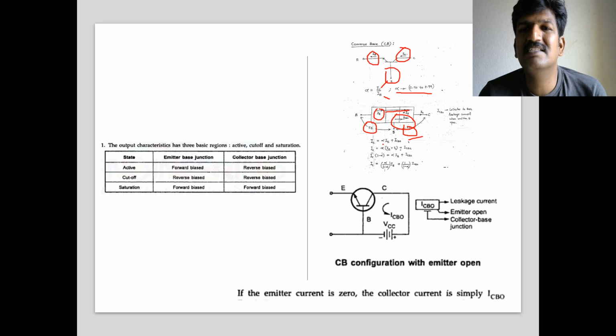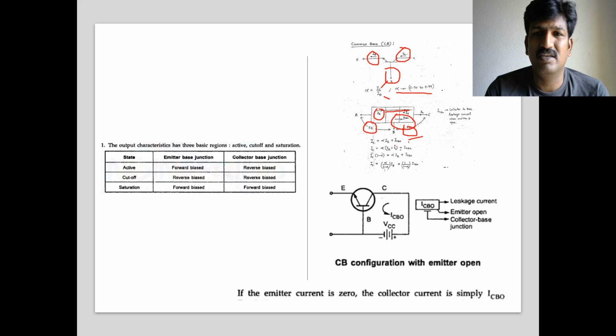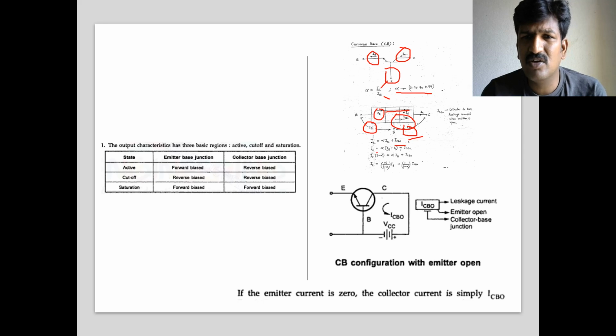ICBO is basically a leakage current. When there is no emitter current, there might still be a collector current due to the leakage. That's what ICBO is. It's very small. IC is equal to alpha IC plus IB and ICBO, because IE is equal to IB plus IC. You can write the formula like this: IC is equal to alpha divided by 1 minus alpha times IB plus 1 by 1 minus alpha times ICBO.